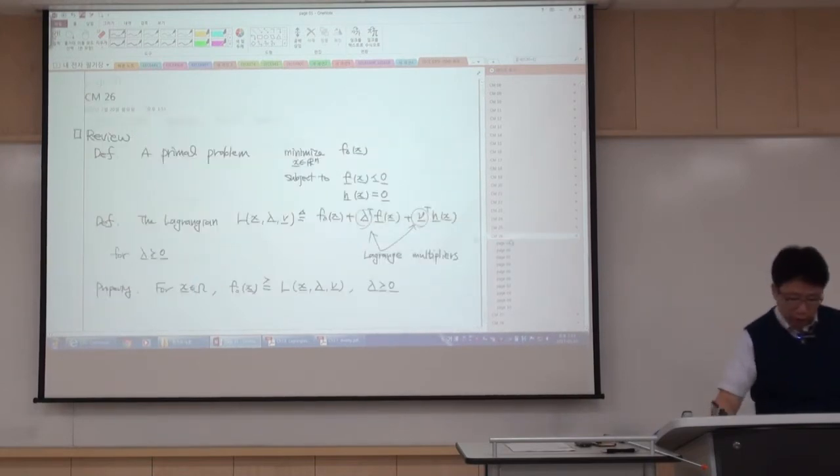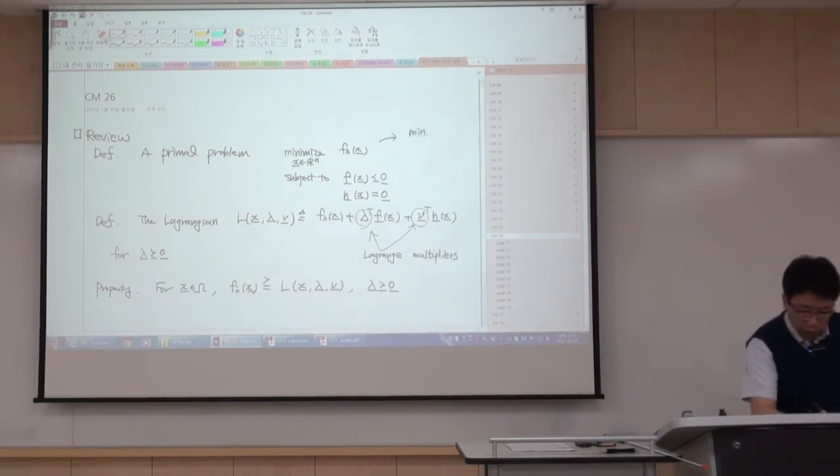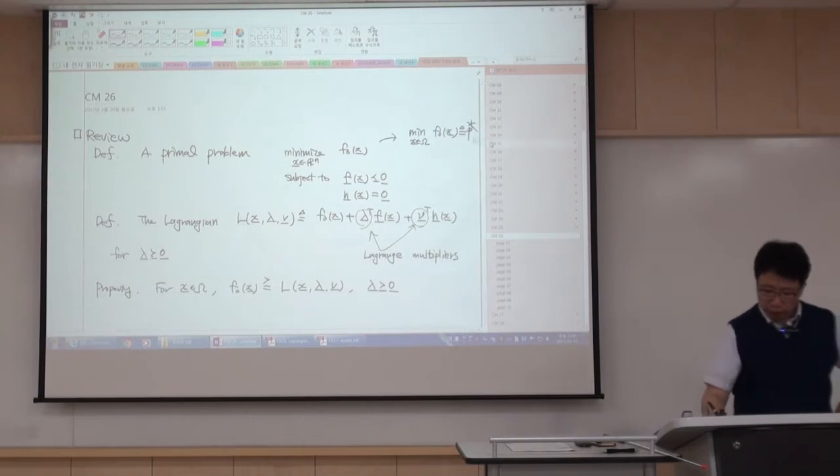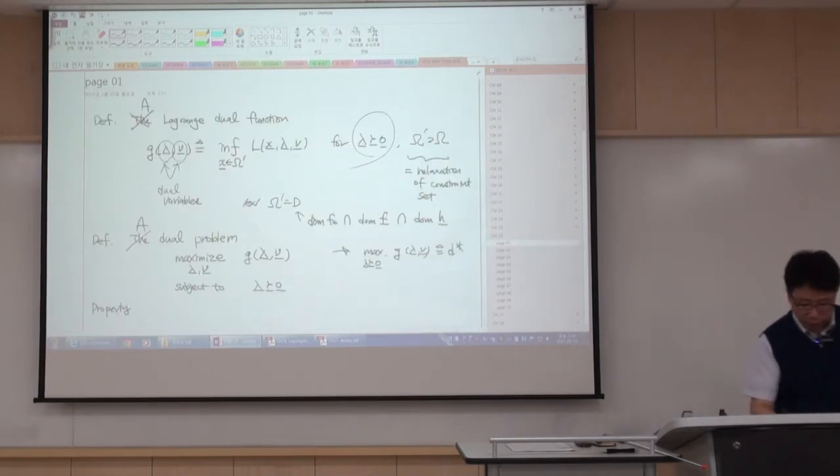And similarly, let's say the minimum value of f0 of x subject to x in omega is P star. Then what can we say? P star is always greater than or equal to D star.